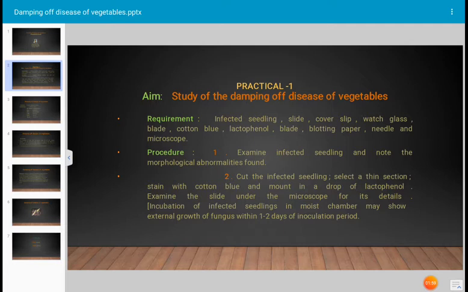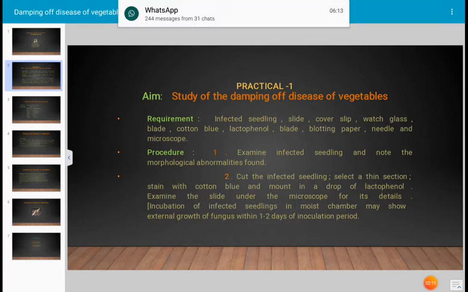After the survey, you collect infected seedlings from the field in a sterile polythene bag, and bring them to the laboratory for further work, and you isolate the pathogen from the infected plant material. How to isolate the pathogenic organism?